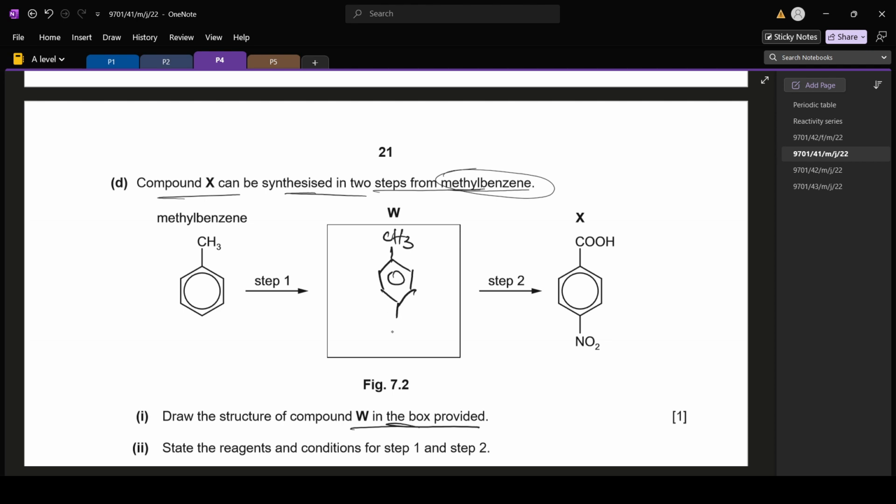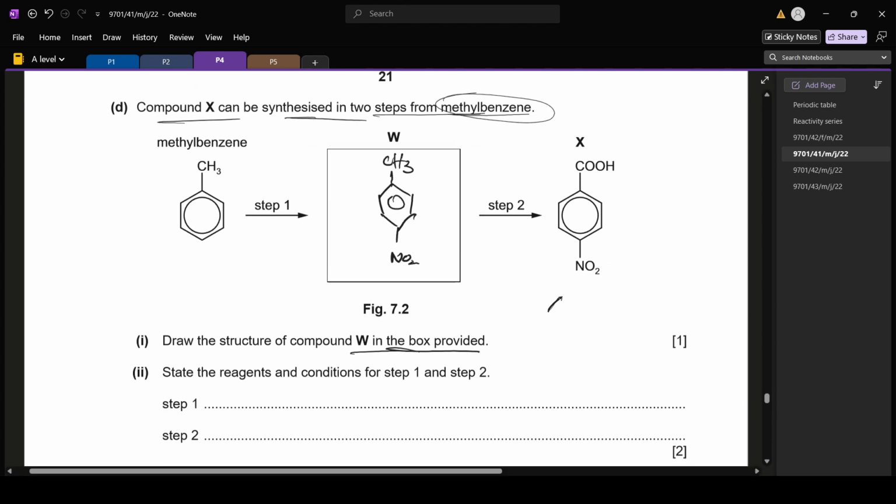And why not this structure? Because this COOH group is a 3 director.